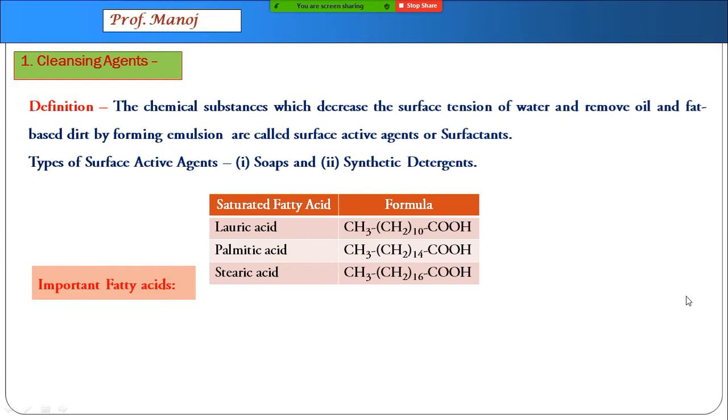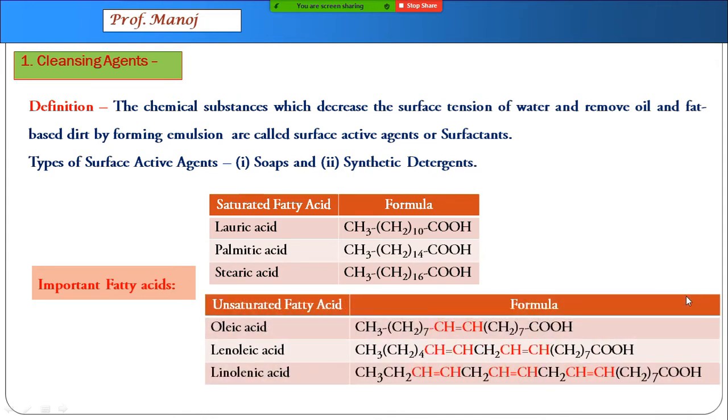Number one, saturated fatty acids, which are lauric acid, palmitic acid, and stearic acid. It is better that students preparing for competitive exams remember these formulae. The second type is unsaturated fatty acids, which include oleic, linoleic, and linolenic acids.